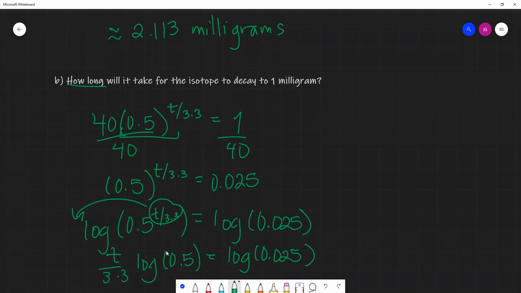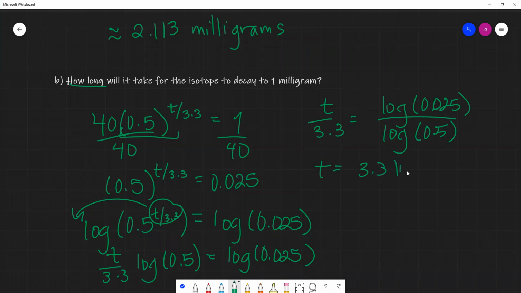So then first thing, we divide over that log 0.5. So I get t over 3.3 is equal to log 0.025 over log 0.5. And the last step is to multiply that 3.3 over. So I get t is equal to 3.3 log 0.025 over log 0.5. Let's punch this into decimals really quick.